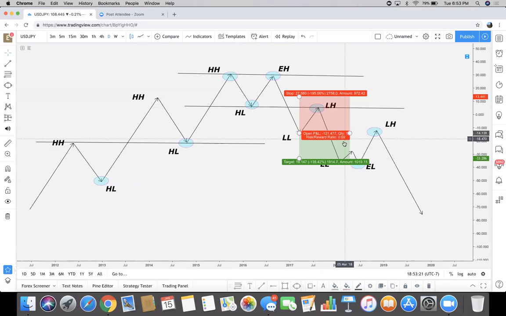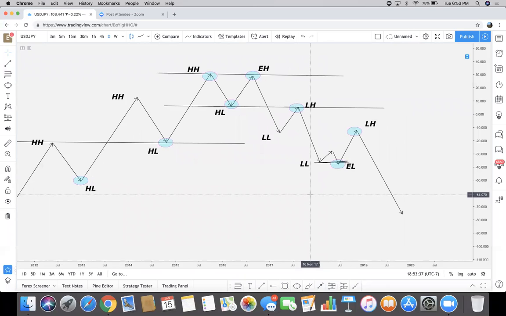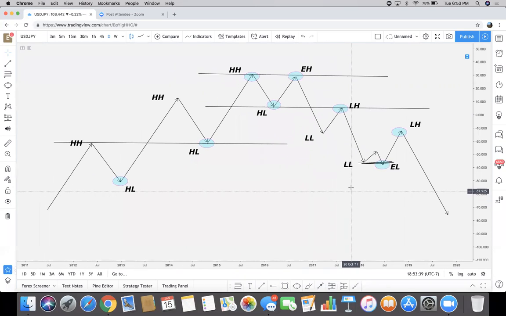Look how much worse that risk reward ratio is: 0.69 versus 1:6. So this is why you always want to be looking to sell at lower highs and buy at higher lows.